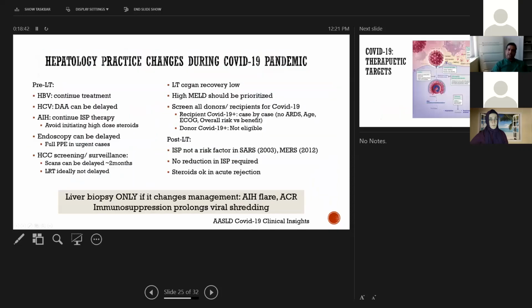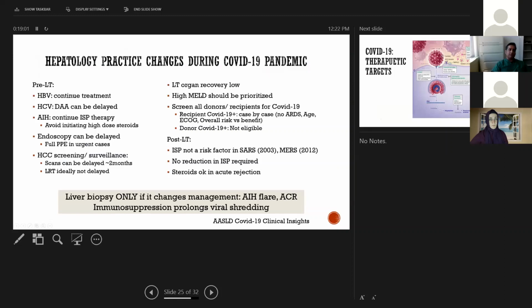Now, COVID-19 has also caused a lot of changes in practice, and this is recommended by the AASLD Clinical Insights. So in the pre-transplant setting, a patient who is positive for hepatitis B would continue treatment. Patients who require direct-acting antiviral therapy for hepatitis C can be delayed.